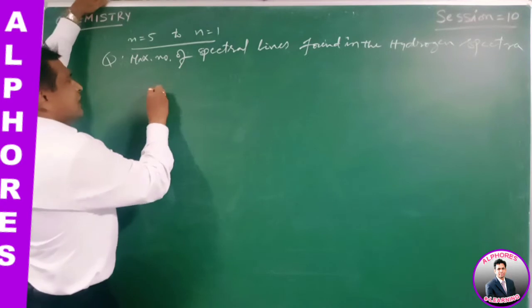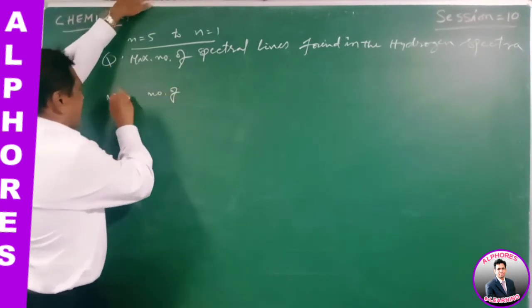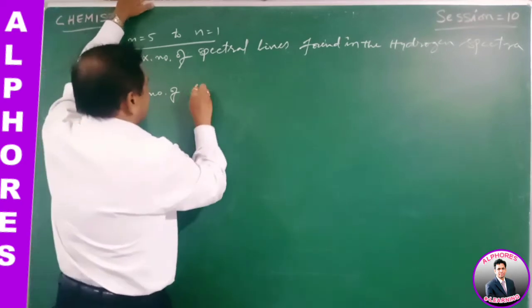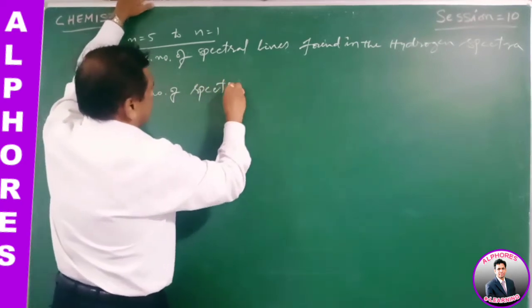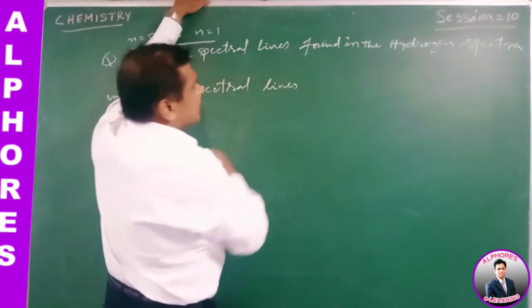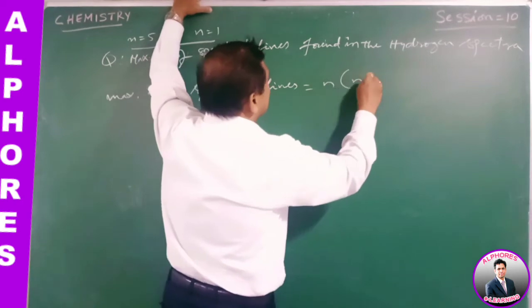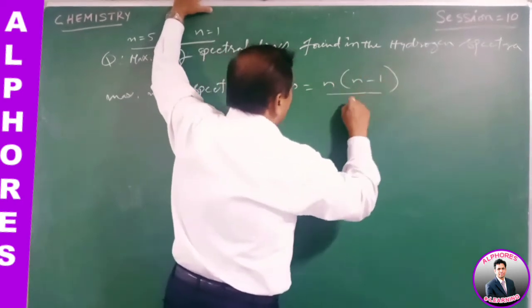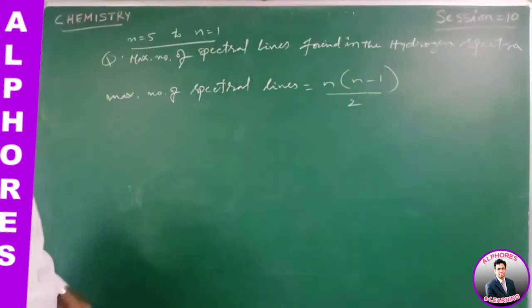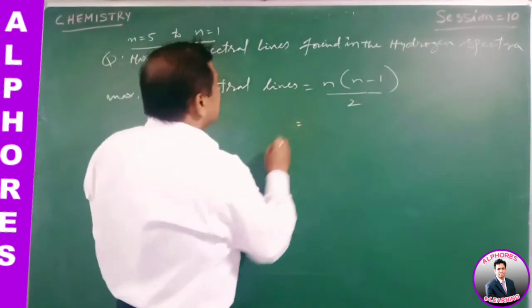The maximum number of spectral lines equals n(n minus 1)/2, where n is the excited level.